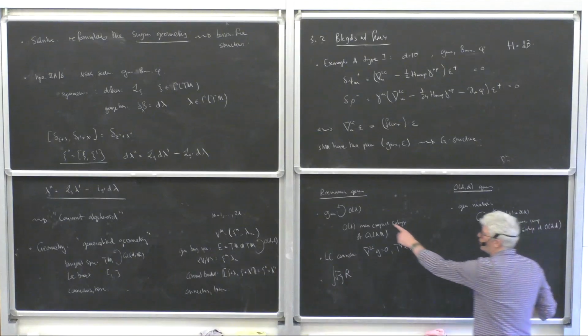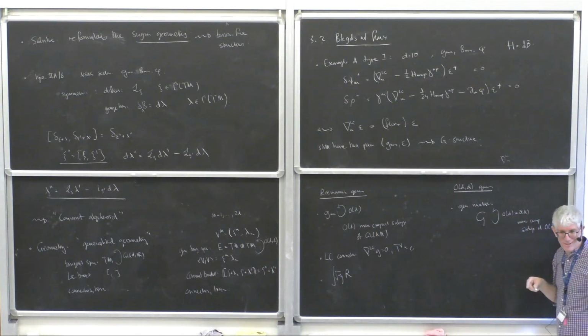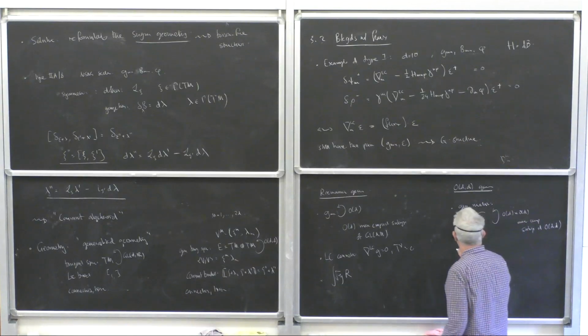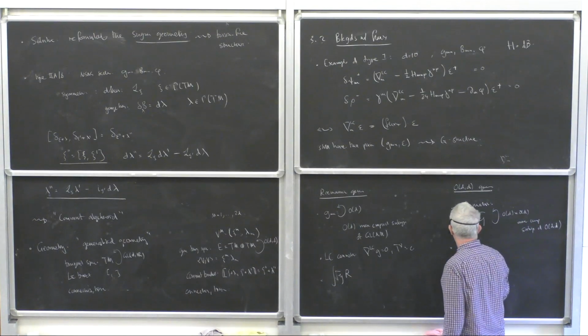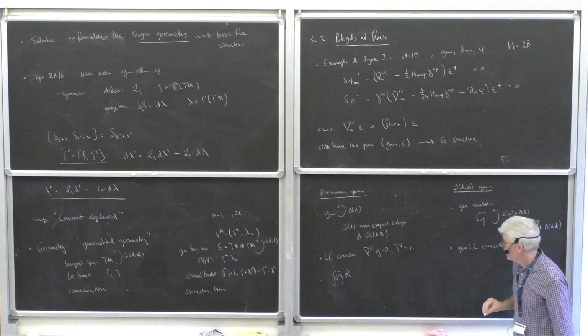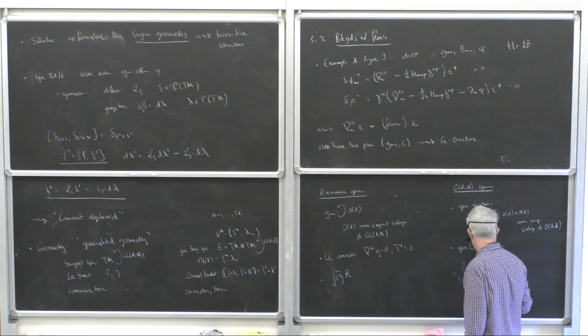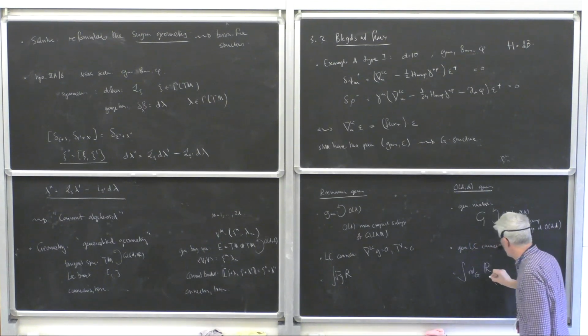So this was an O(D) structure. This is an O(D) times O(D) structure in O(D,D). And again, I can write down a generalized Levi-Civita connection. And I can write down some, let me just say some volume form that depends on G, and some generalized Ricci tensor.